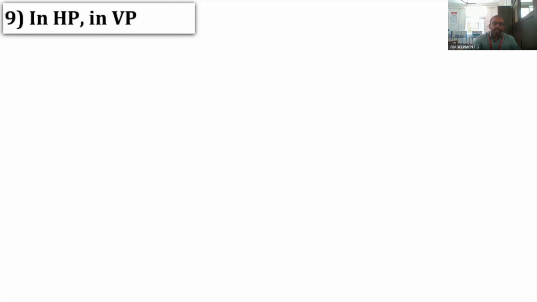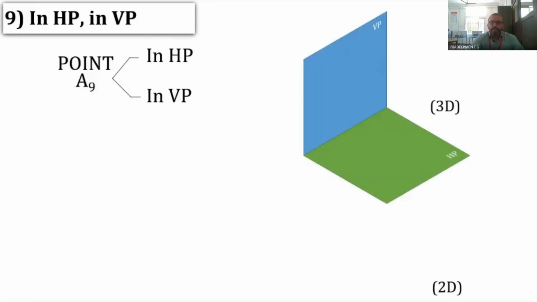So now the last condition. The last condition is the point is both in HP as well as in VP. So this is the 3D view. That is HP and VP is there. XY line is there. So here is XY in 2 dimension. And the point A9, since it is lying in both HP and VP, it should lie on the XY line itself.